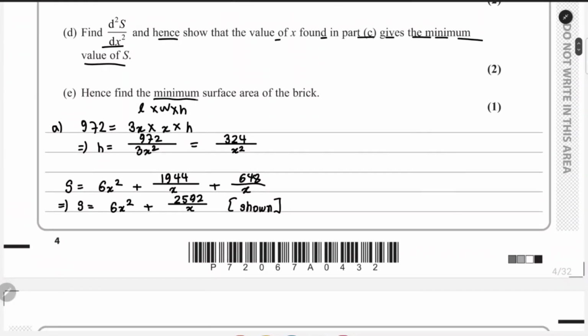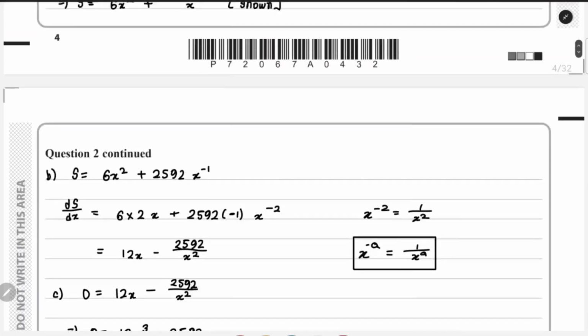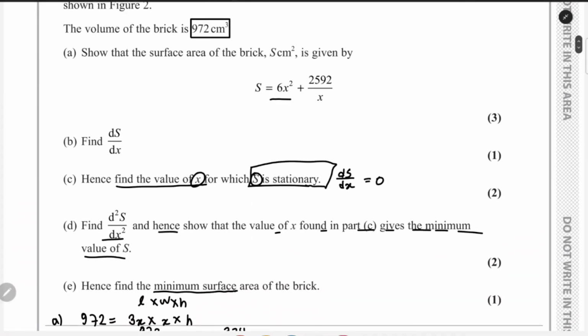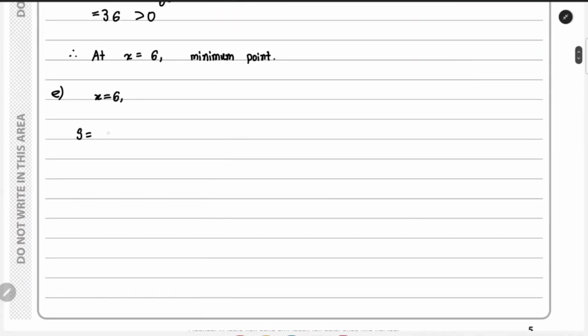Now in part E, we have to find the minimum surface area. We know that the minimum surface area occurs when x equals to 6. So at x equals to 6, the surface area is 6x squared plus 2592 by x. So 6 times 6 square plus 2592 by 6.